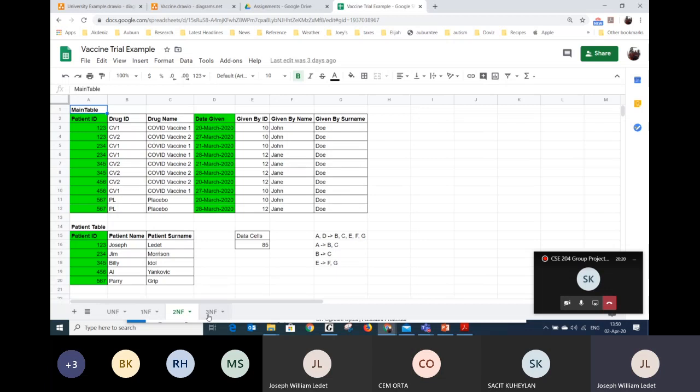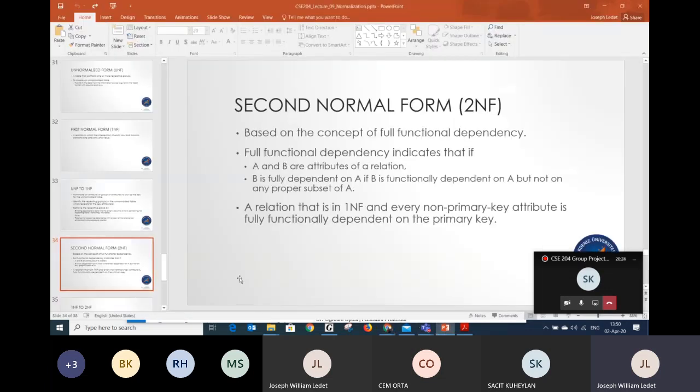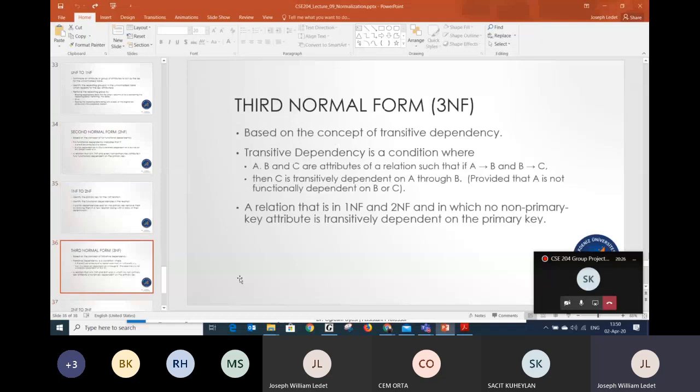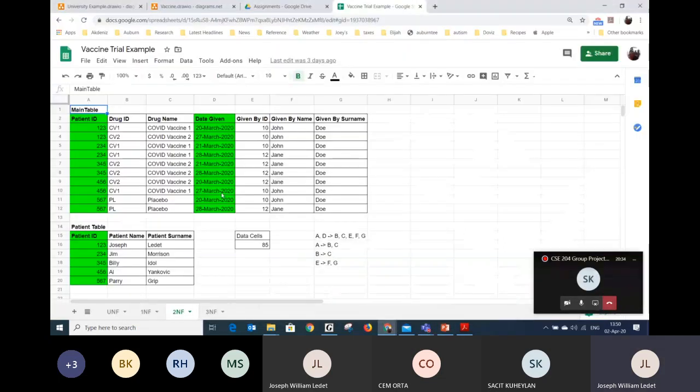All right, and then the third normal form. Getting into what the third normal form is, it's the idea of the transitive dependency. In the second normal form, every column is fully functionally dependent on the primary key.